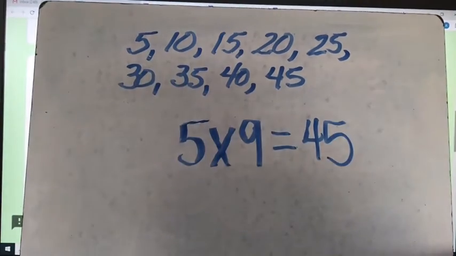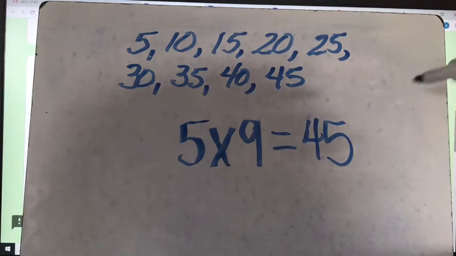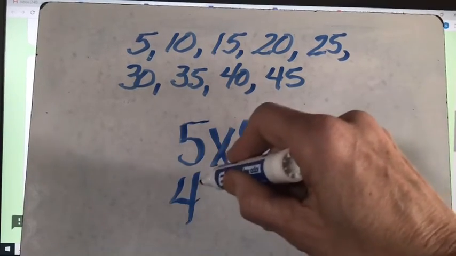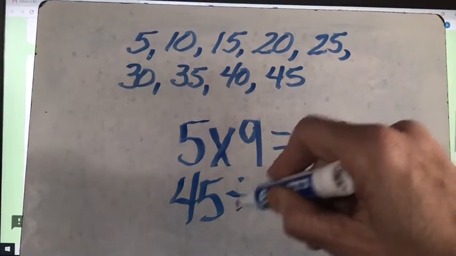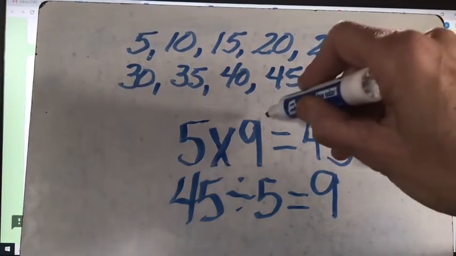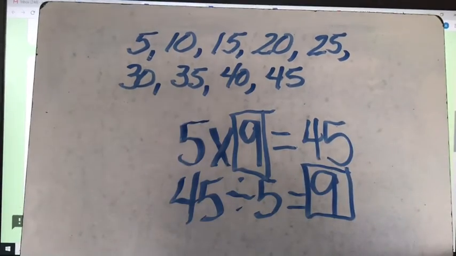And because multiplication and division are fact families, we know that we can then reverse this, and we can do 45 divided by 5 will give us 9. So 9 is our answer.